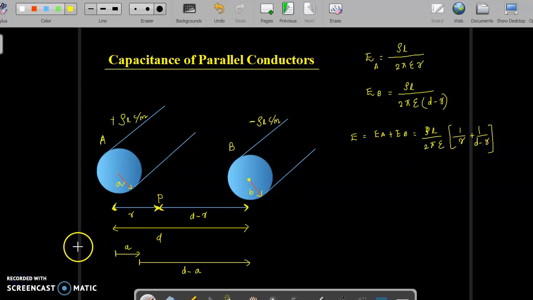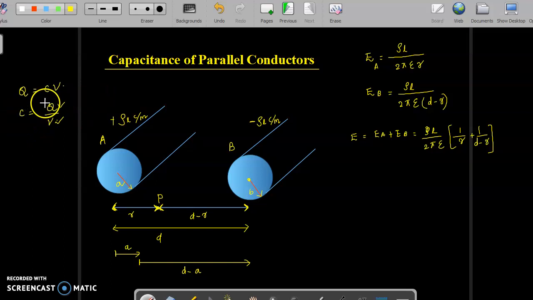Now we need to find the potential difference between the conductors, because from the potential difference we can obtain the capacitance due to the parallel conductors. We know that Q is equal to CV, so C becomes Q by V, where V is the potential and Q is the charge.